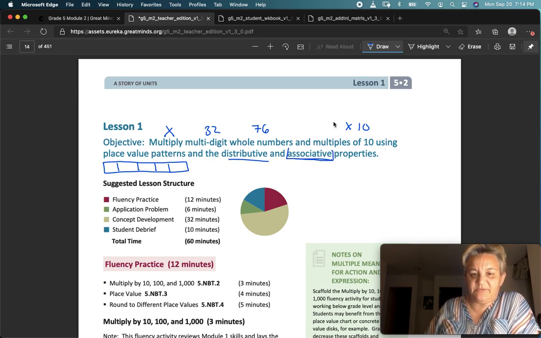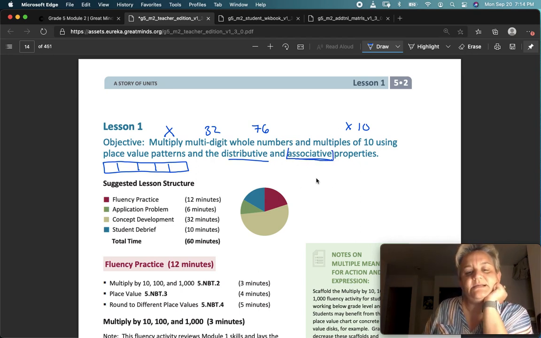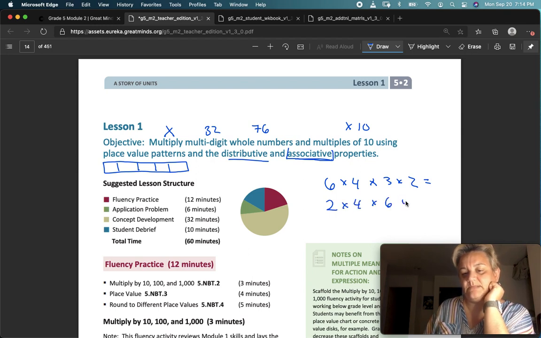The associative property means that if I have 6 times 4 times 3 times 2, I can rewrite that problem in any order that I want, as long as all the numbers stay the same.